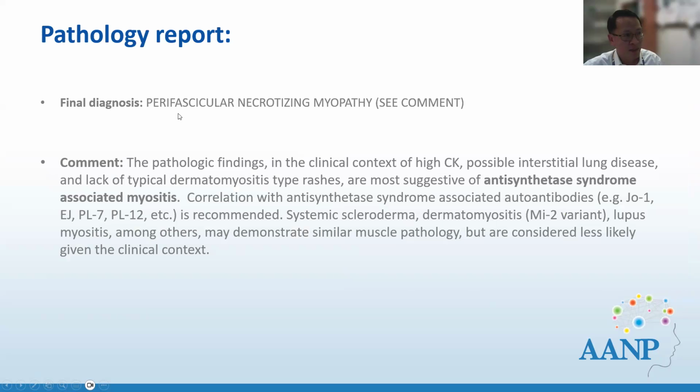In that case, we give a descriptive diagnostic line, perivascular necrotizing myopathy. And we put our most suspected etiology here, antisynthetase syndrome, in a bolded sentence. And we suggest correlating with serum autoantibody to confirm that. And we also raise a few other differentials, systemic scleroderma, dermatomyositis, lupus, and we say they're less likely but not impossible, to cover our bases.